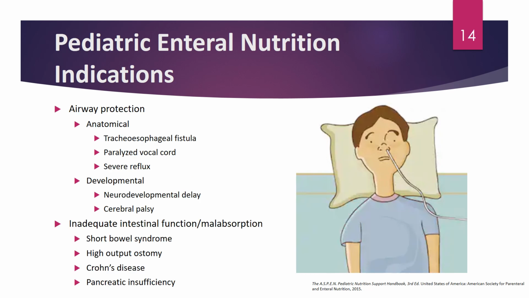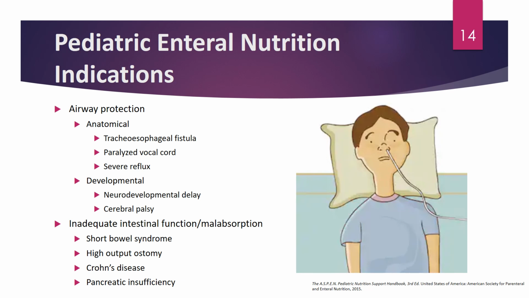Airway protection for anatomical reasons such as tracheoesophageal fistula, again, paralyzed vocal cords, or severe reflux. Again, for developmental delays where you have neurodevelopmental delays or cerebral palsy where patients still need airway protection, such as intubation, for example. If they're intubated, then they may be candidates for enteral nutrition, assuming that their GI tract is functional.